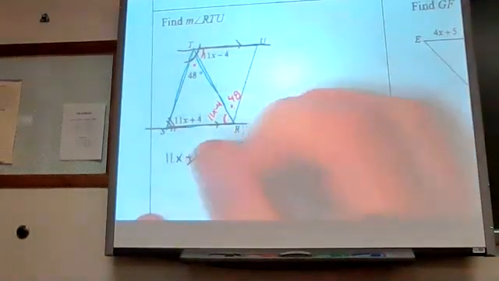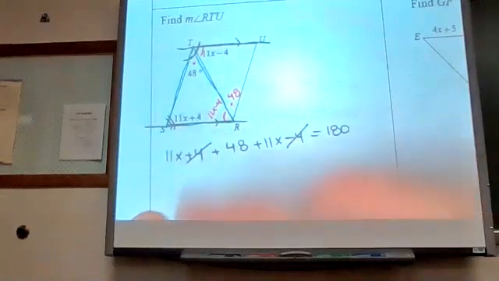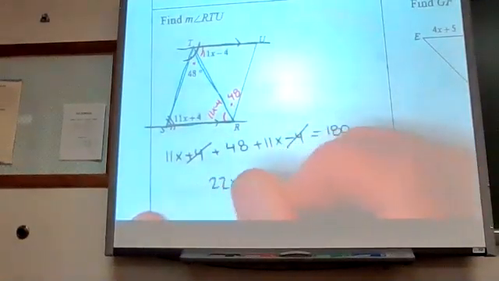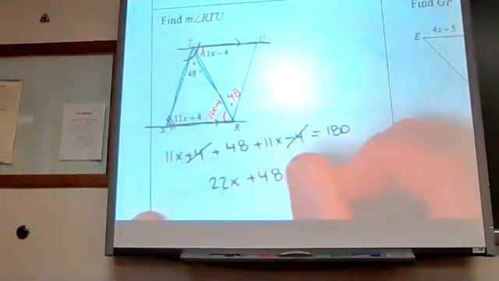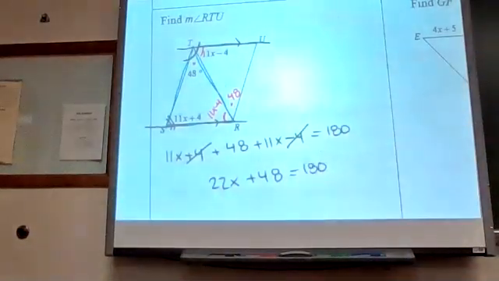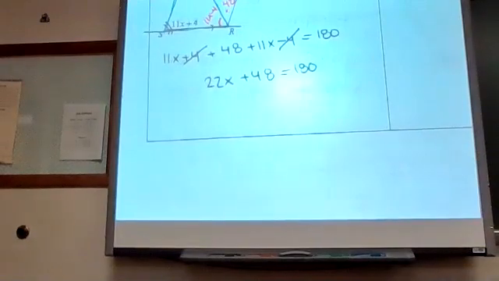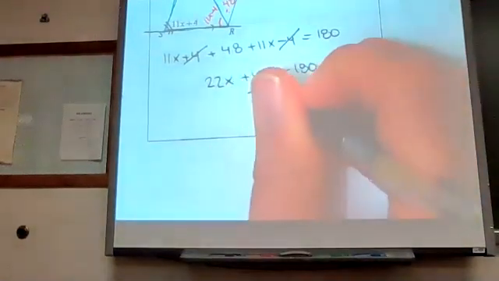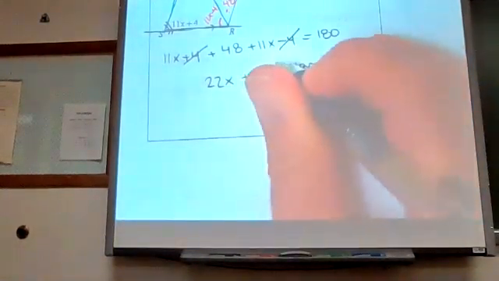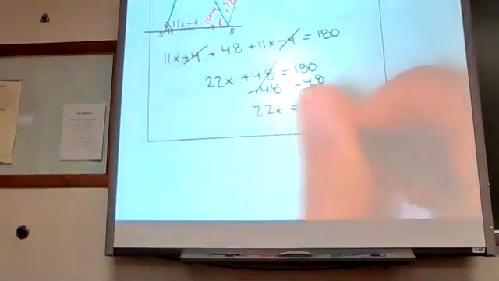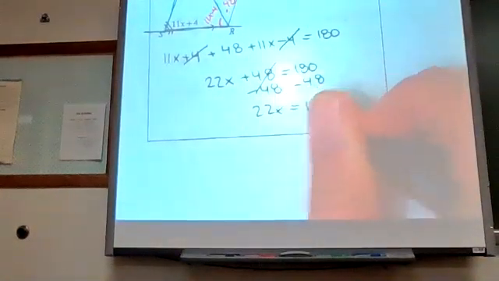And so let's see, plus 4 minus 4 is going to cancel out. I'm going to have 22x plus 48 equals 180. And subtracting 48, we get 22x equals 132.